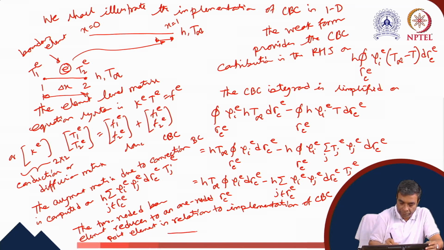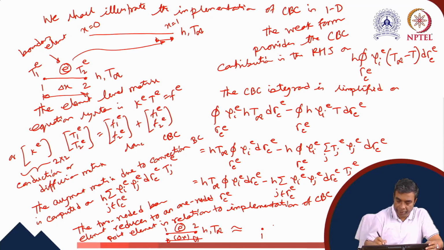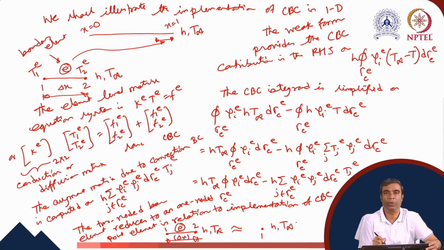So, this two-noded bar element 1, 2 with h, T infinity, element e, this is delta x. This reduces to a single noded point element with h and T infinity as the boundary conditions.